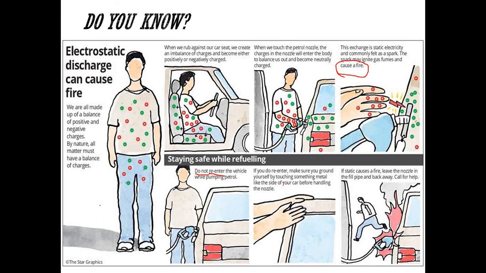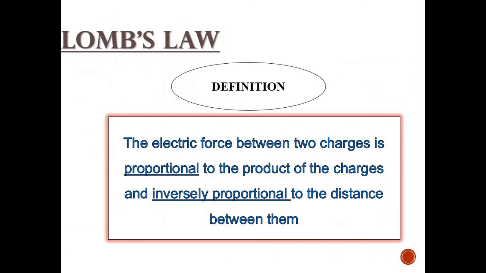They create a specific place for you to touch with your hand, so that the imbalanced charge in your hand will flow to that place, and the charge inside your body becomes balanced. This will avoid the fire from happening, and it will increase the safety of the petrol station and ourselves.